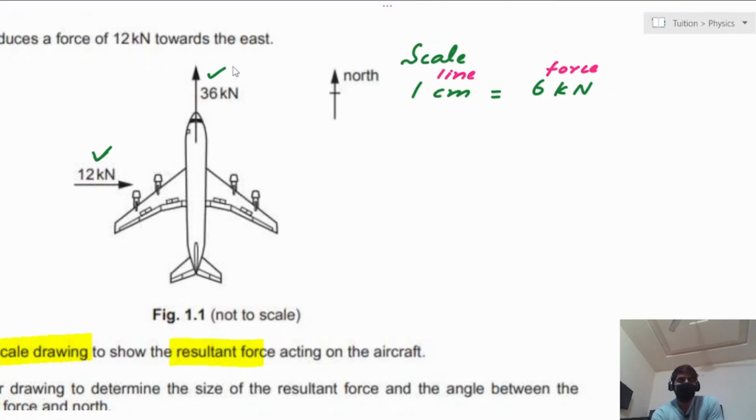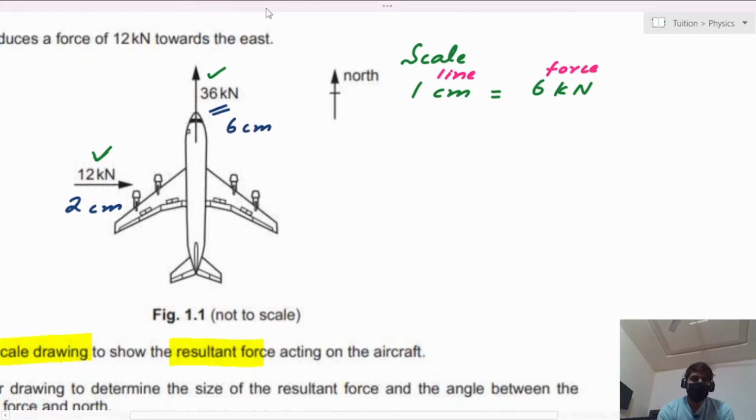Now that means according to that scale, for the first force I need to draw a line of 2 centimeter, because it is 12 kilonewton. For 6 kilonewton, I need to draw 1 centimeter. For 12 kilonewton, I need to draw 2 centimeter. And for the other force, 36, I need to draw a line of 6 centimeter.